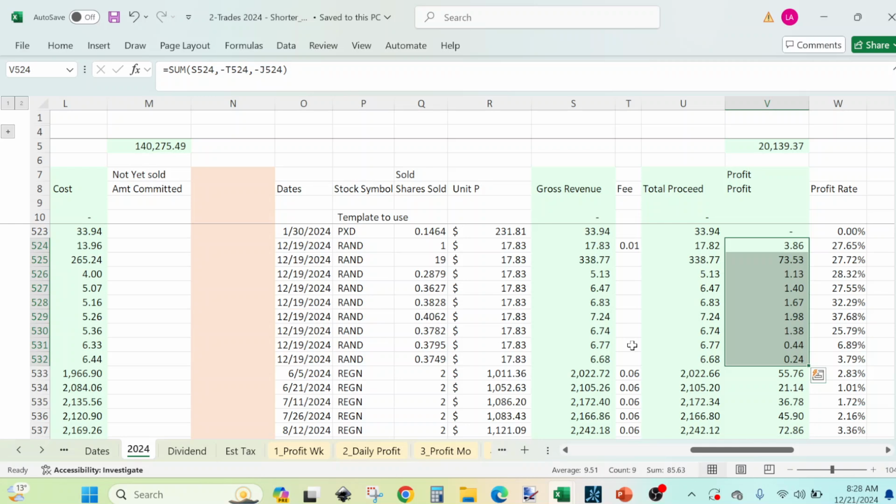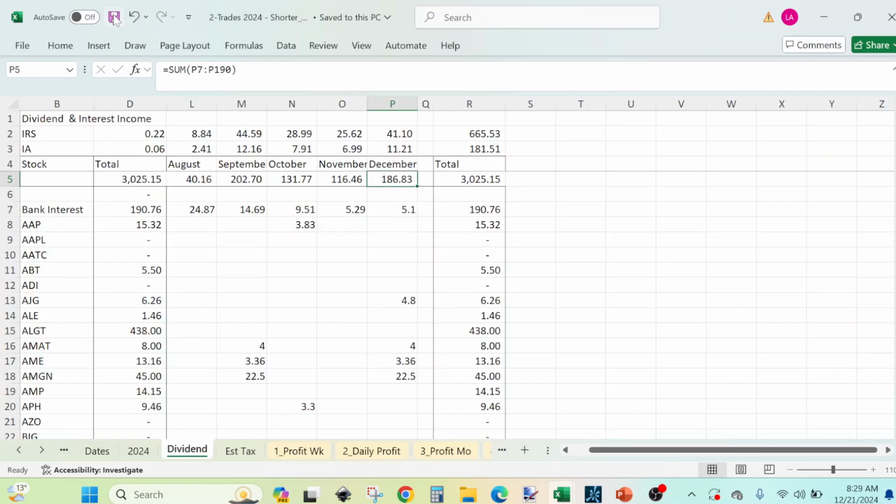And while we are not selling, we are still earning some dividend, and that is what dividend we earned so far in December. But now that we are done with our weekly report, we'll move to our amount spent.